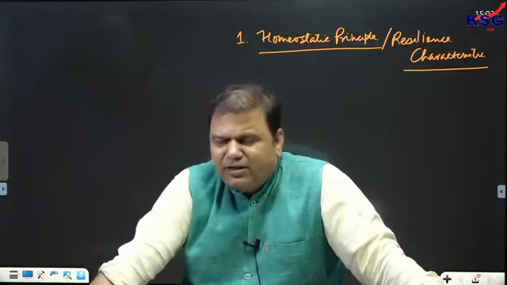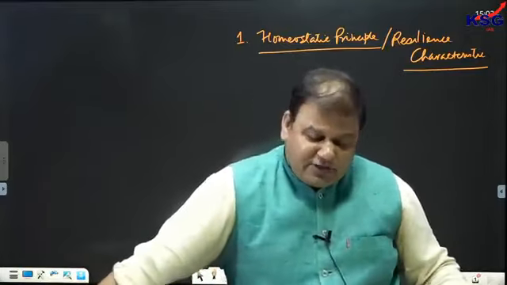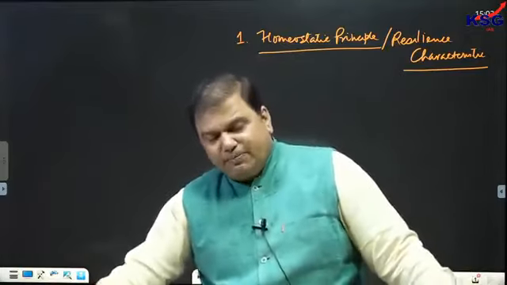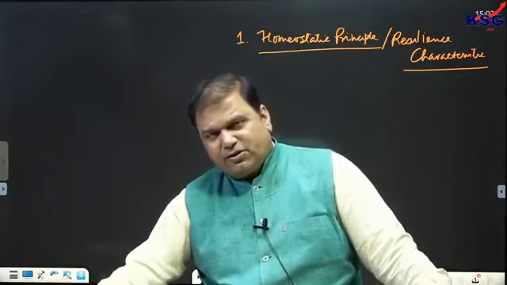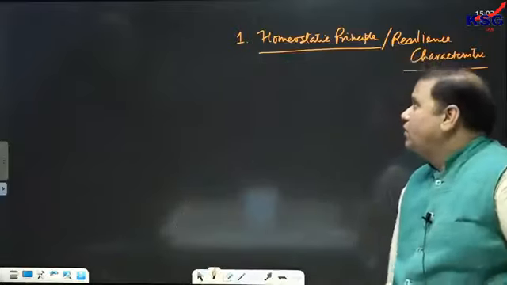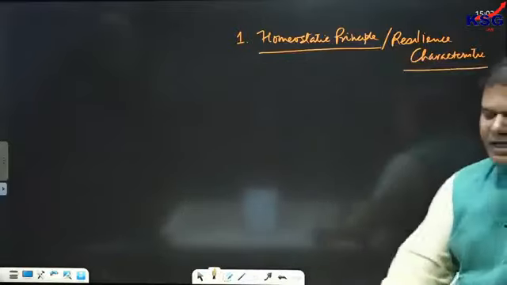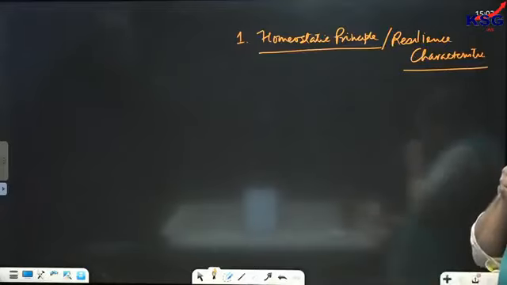So the theoretical definition of environmental degradation is based on the passing of the resilience limit of the ecosystem. Write down the first principle: homeostatic principle and resilience characteristic.